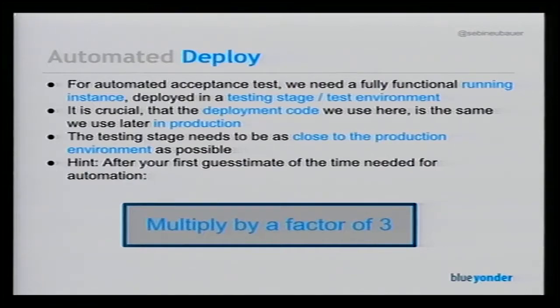I think it is not a good idea to have a script called acceptance test deploy, and another script which is more or less a copy called deploy into production. Because once you find a bug in the deploy, the deployment is also tested here. So we test here if we are able to deploy our web application into production so that it behaves exactly like we want. It's really hard to pin down that you also have to fix the bug in the script called deploy into production. So that's not what we want.